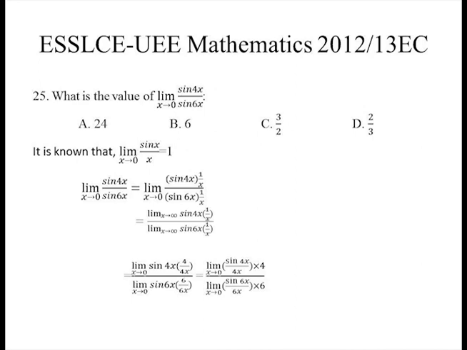If the limit of sine x divided by x as x approaches 0 is equal to 1, then the limit of sine 4x divided by 4x is 1 times 4 as the numerator, divided by the limit of sine 6x divided by 6x, which is 1 times 6 as the denominator. 1 times 4 is 4 divided by 1 times 6 is 6. 4 divided by 6 means 2 over 3. Thus choice D is the correct answer.